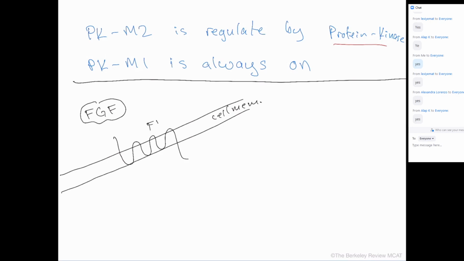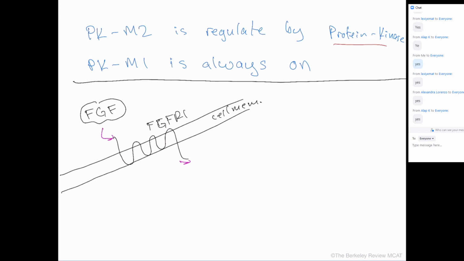This is called FGFR1. And if this thing comes into contact with the receptor protein, then this receptor protein activates or phosphorylates protein kinase.